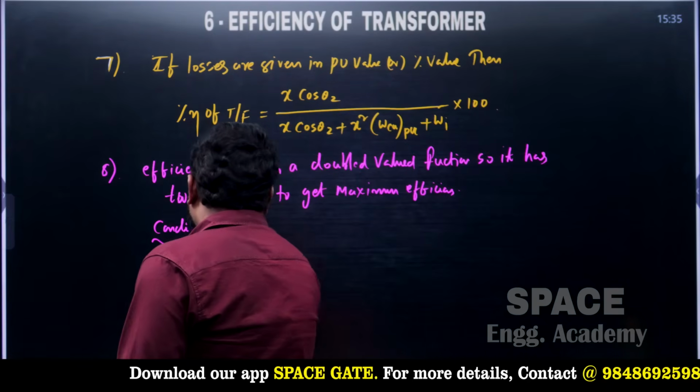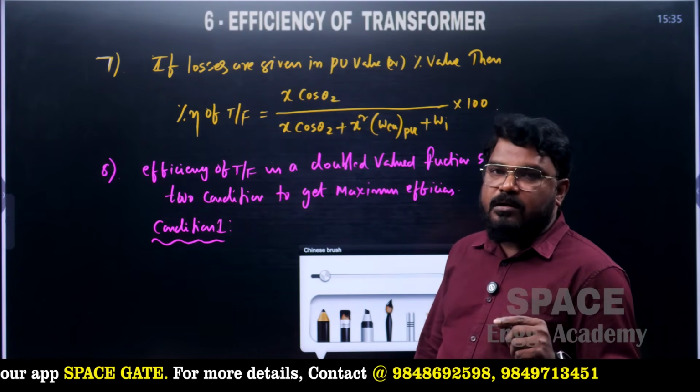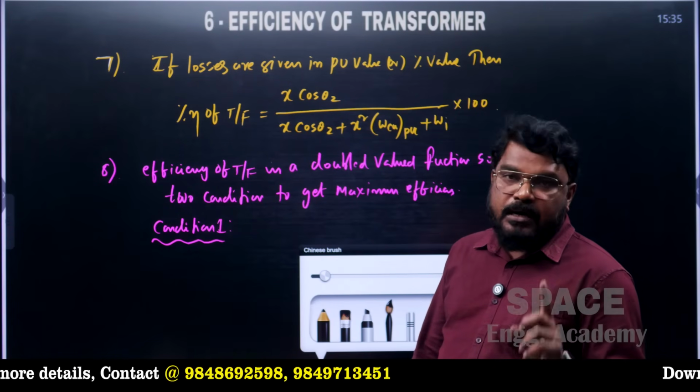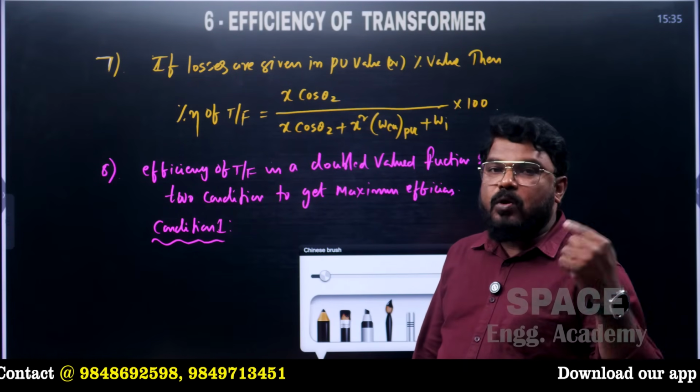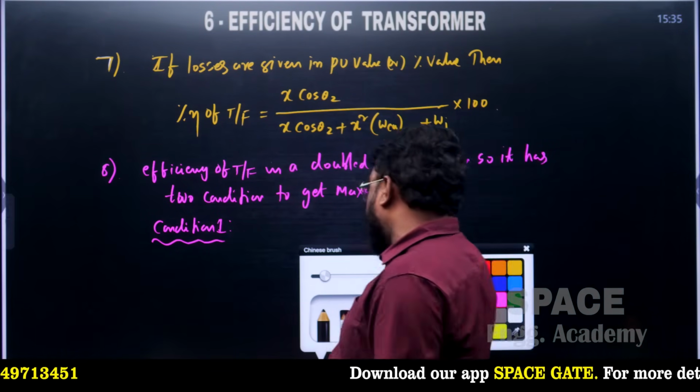By keeping the power factor constant, with only the load current varied, maximum efficiency occurs when the full load copper losses are equal to the iron losses. This is condition number one.